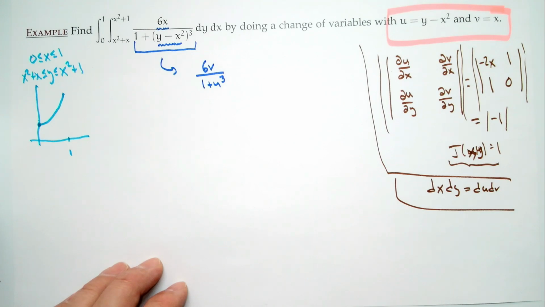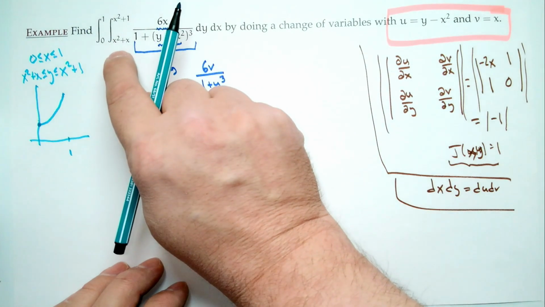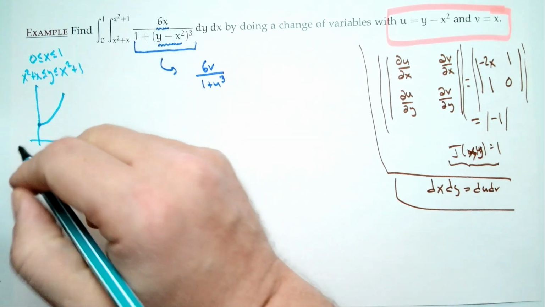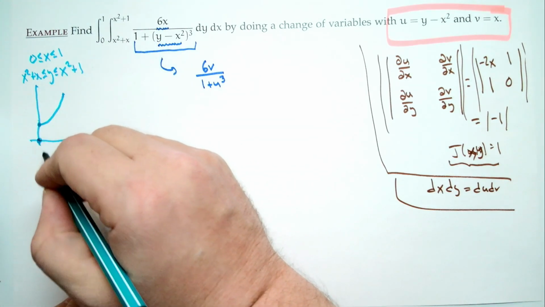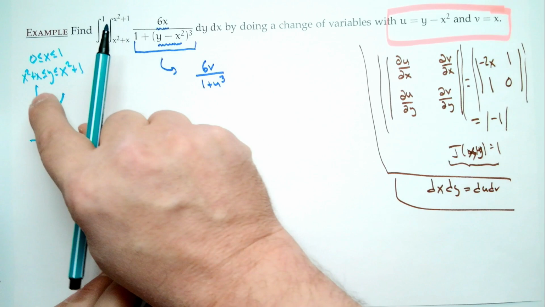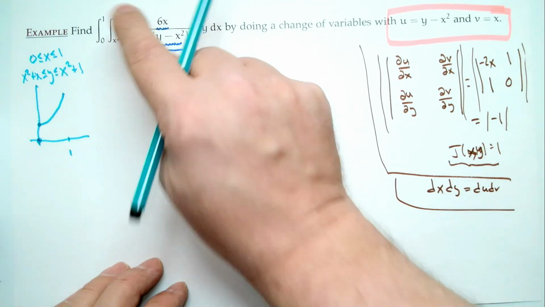It's also a parabola. Now, it might help to identify what happens at 0 and 1. Where are we at x equals 0? We're at 0. Where are we at x equals 1? We're at 2. Now notice, where is x squared plus 1 at x equals 1? 2.